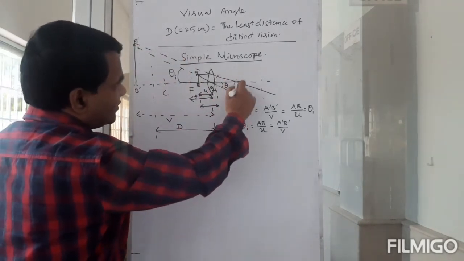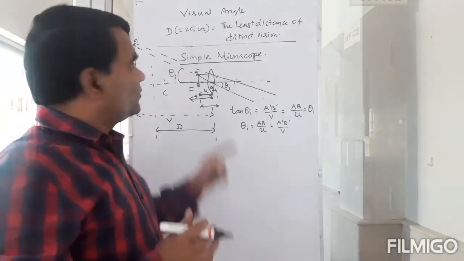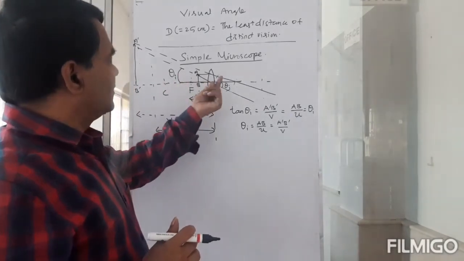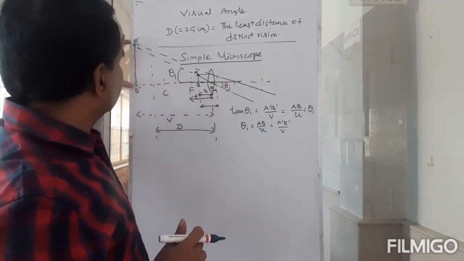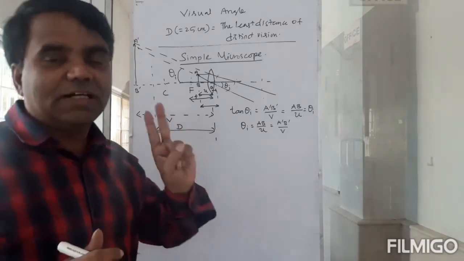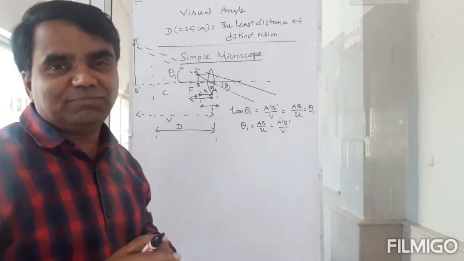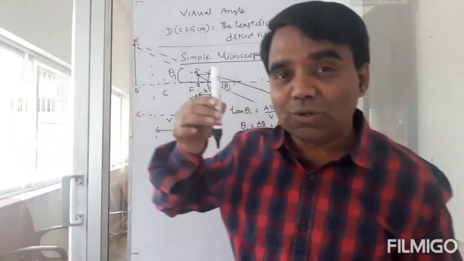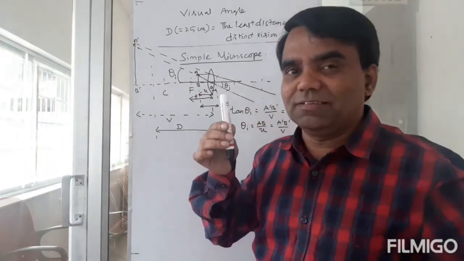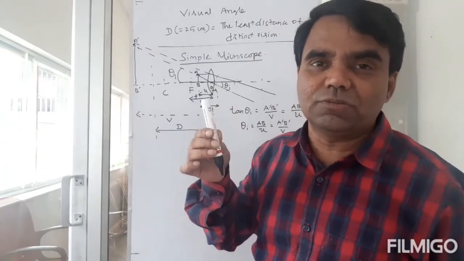So this angle is made bigger, and this image is clearer because it is beyond D. So I have two good things going for me. If I keep the object here, only one good thing. The angle is bigger, no focus, so no use.